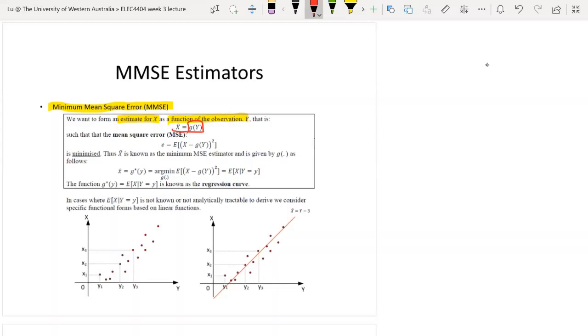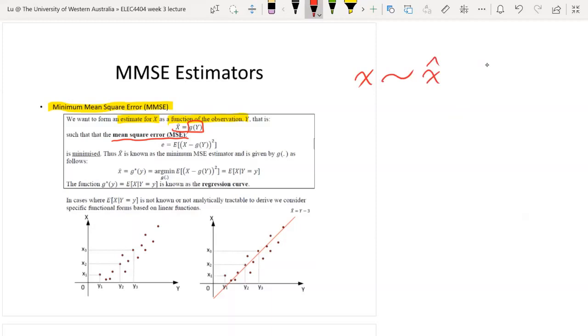Okay, if this function is good, we want to minimize the mean square error. What is the mean square error? Actually, we should understand two things. First of all, we have the true value of the x, and we have another thing, which is our estimation from the observation. So the true value could be just x, and our estimation is the x hat.